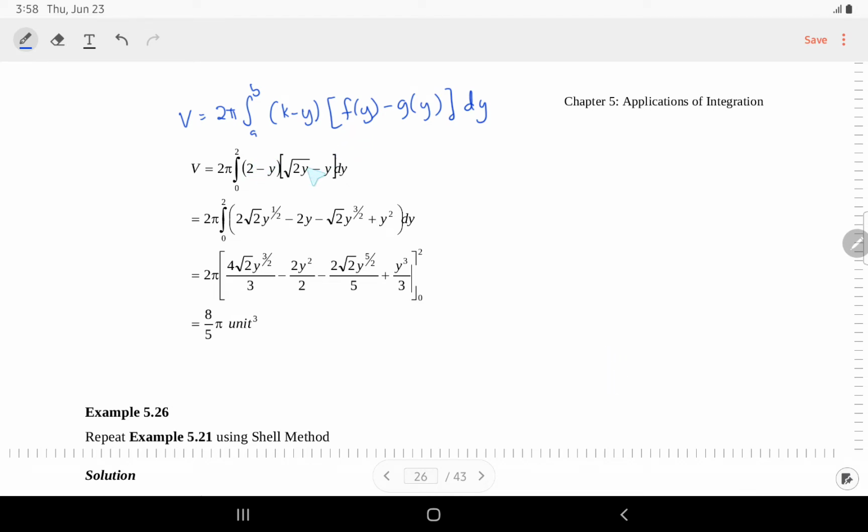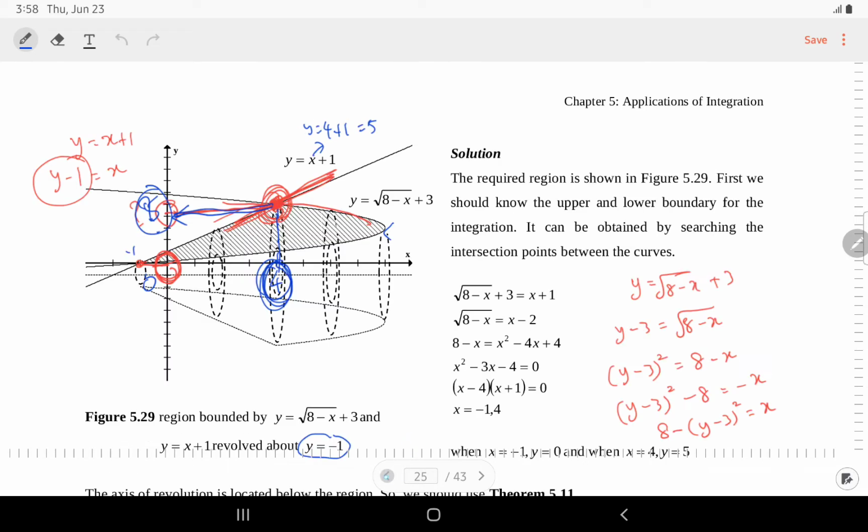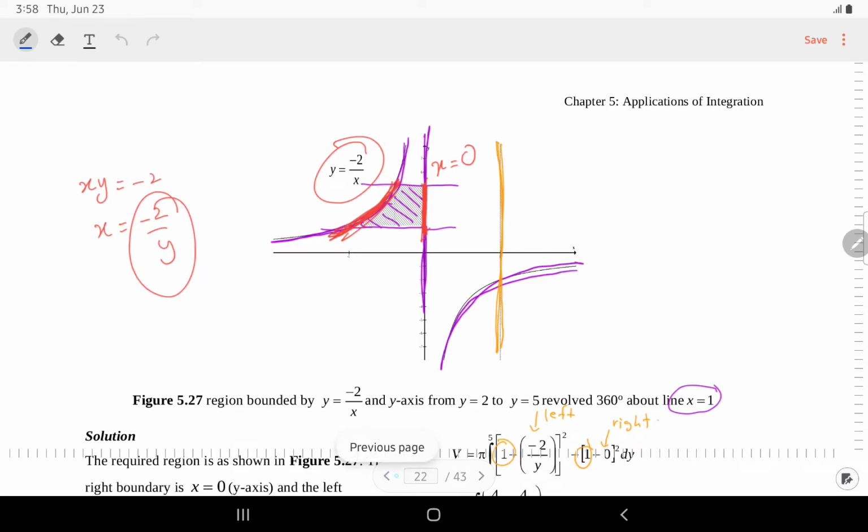Okay, and then left function, function belah kiri, and function belah kanan tolak dengan function belah kiri. So you all boleh refer dekat example 5.19 tadi. Kita tengok yang tadi 5.19.